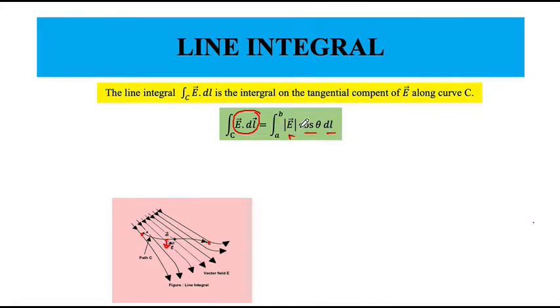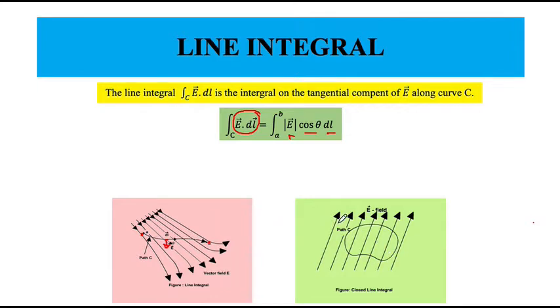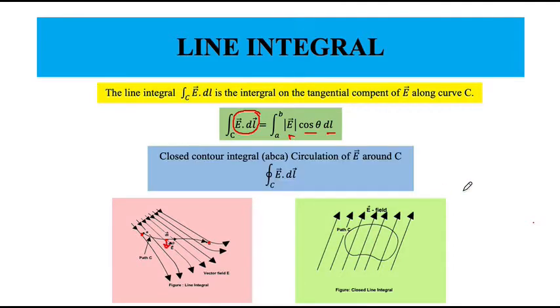So a vector E and a curve C define this integral, the line integral of E around C. If the path of integration is a closed curve like this, the equation becomes a closed contour integration, which is called the circulation of E around C.